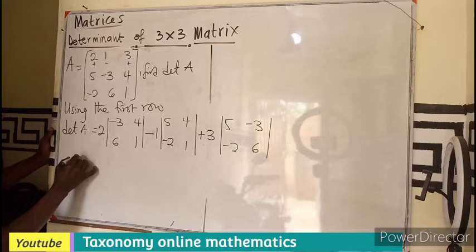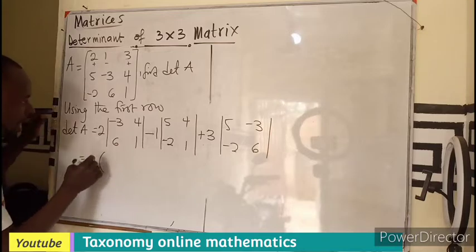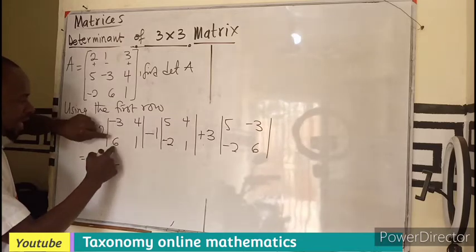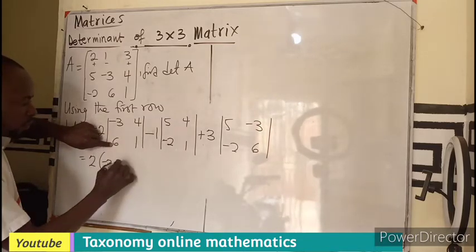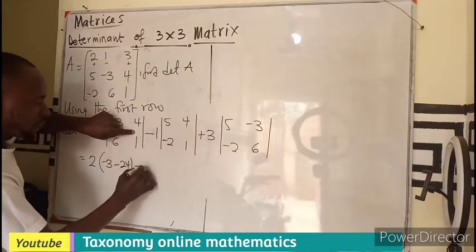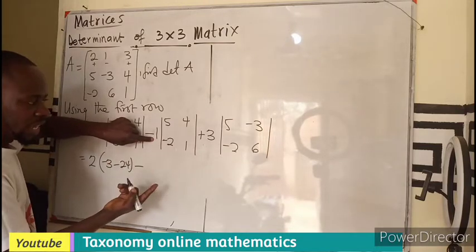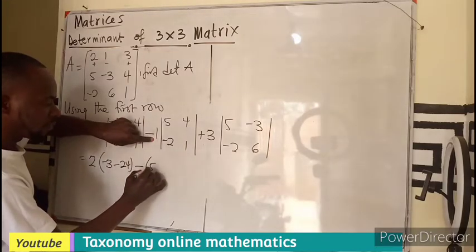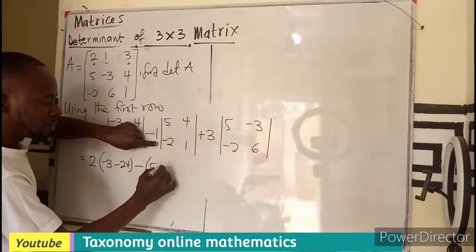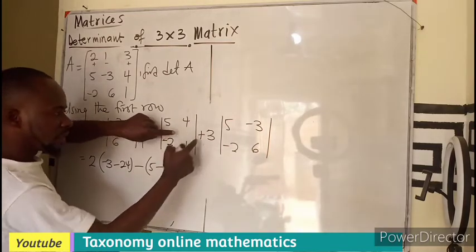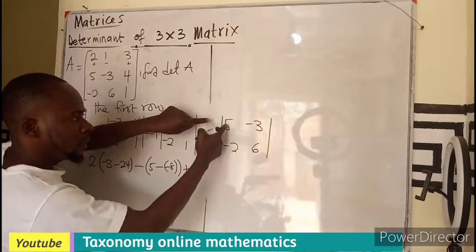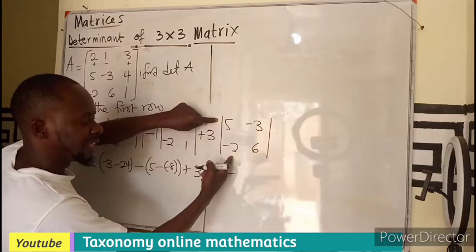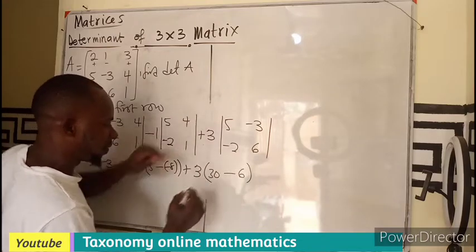So let's go. This is going to be 2 into bracket, leading diagonal minus 3, minus this will give you 24. So we have minus, that one will not change anything, so I'll maintain my minus. Leading diagonal is 5 minus 8. Then plus 3, leading diagonal will be 30 minus this, and this is positive, so minus 6.